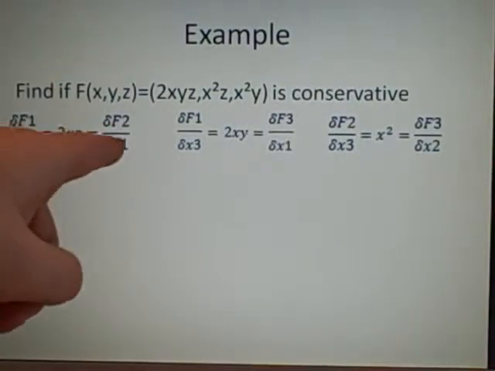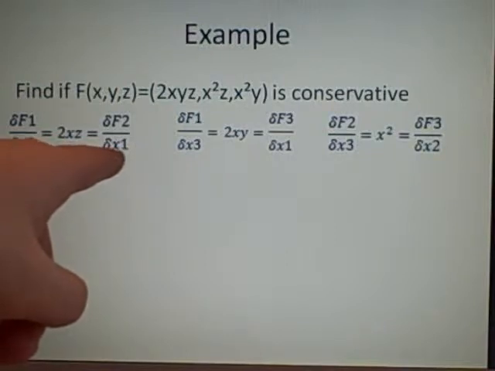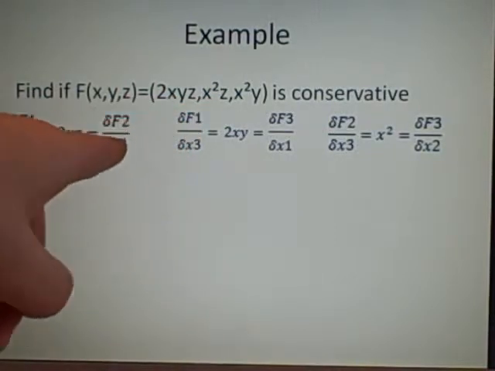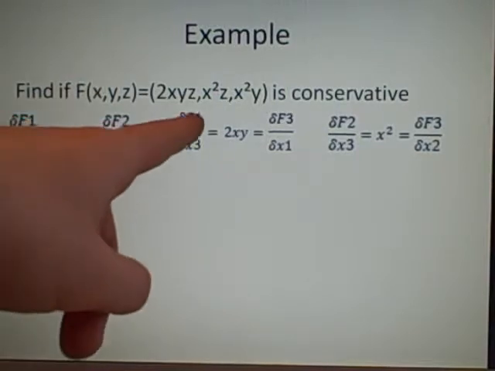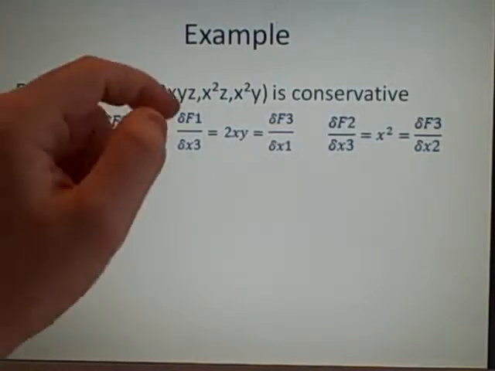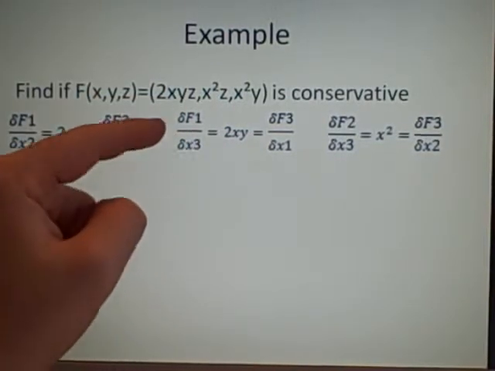Over here we've got f2 and x1, so we differentiate 2xyz with respect to y, and that will give us 2xz as well. So that one's worked. Let's change the numbers, so we'll have 1 and 3 this time.